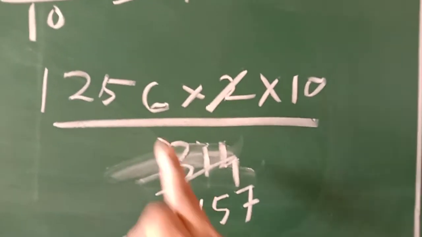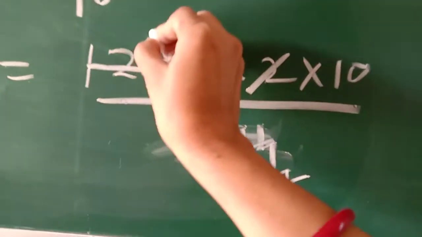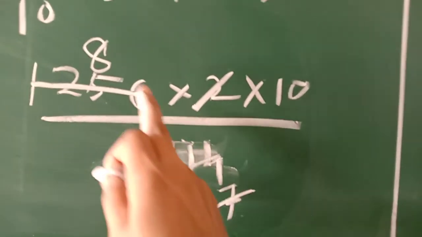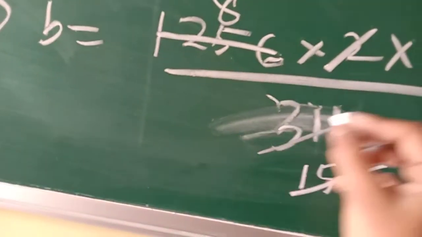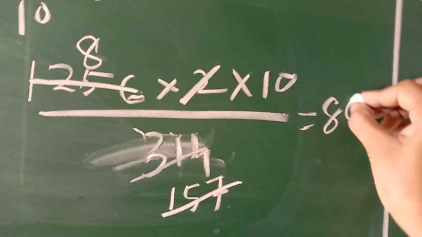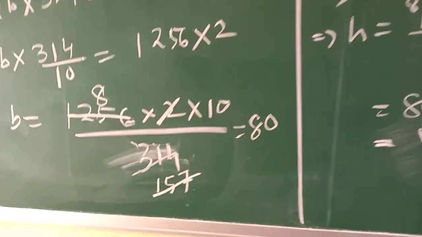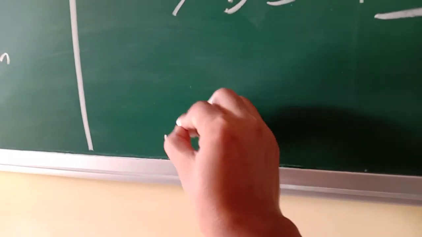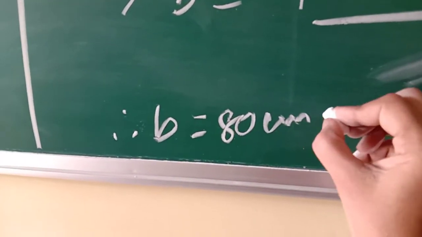Now by 157 you can divide it, it will be 8 only. 157 into 8 you will get 1256. The result is now 8 into 10 equal to 80. Therefore base is equal to 80 centimeter.